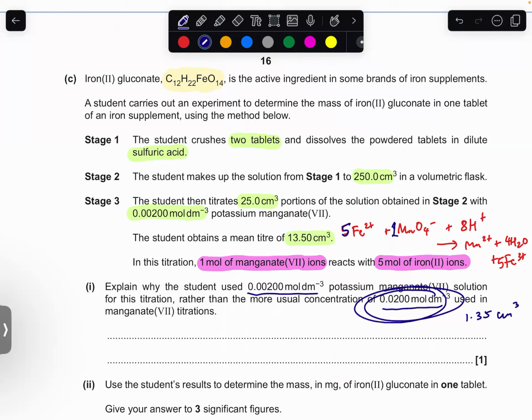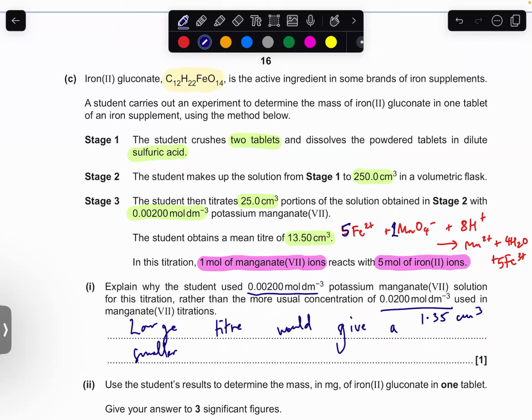So the percentage error for that reading would be much greater than for 13.5. So it's about errors, ladies and gentlemen. A large titer would give a smaller percentage error.